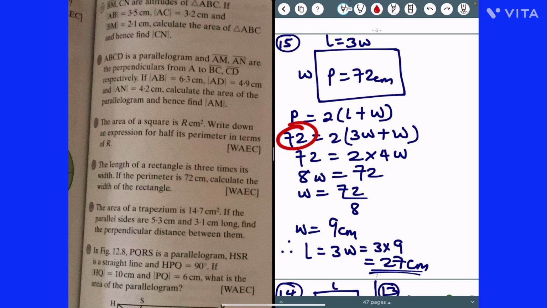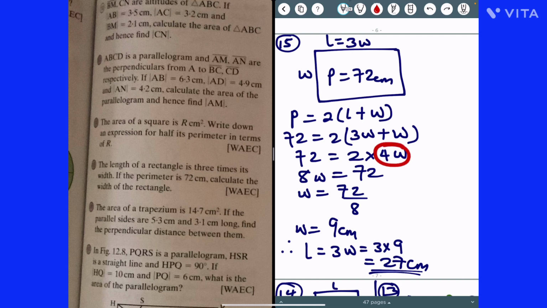So that means 72 is 2 open bracket 3W. Since the length is 3 times the width, we write W for the width and 3W for the length. So 2 times 3W plus W will give me 72. So length plus breadth here, 3W plus 1W gives me 4W.